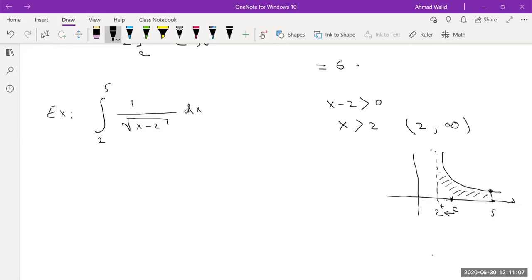Then rewrite the problem: limit as c approaches 2 from the right, integral from c to 5 of 1 over square root of x minus 2 dx. Correct?